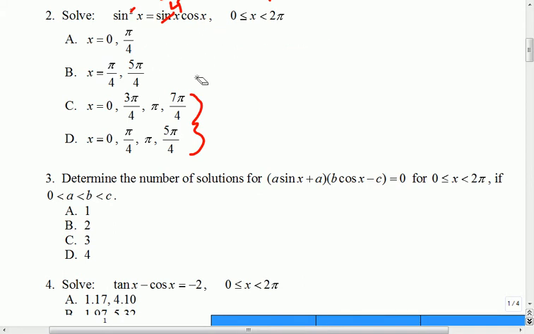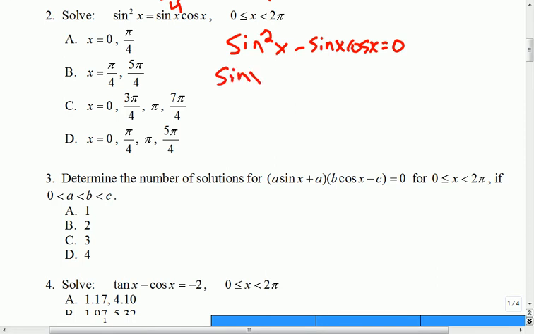Instead of dividing out the sine, what we're going to do is move it over and factor. So if I factored out a sine of x, then I would have sine of x times sine x minus cos x.